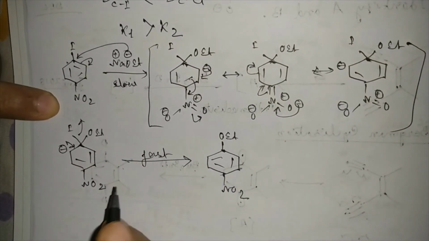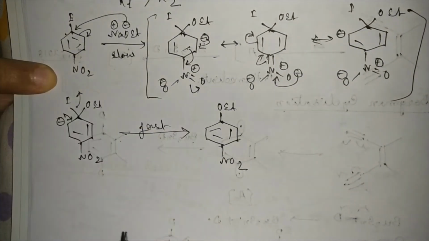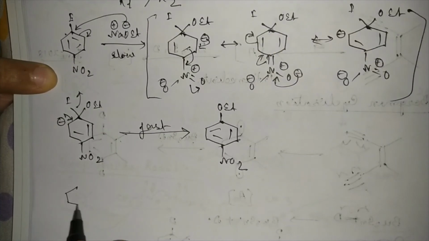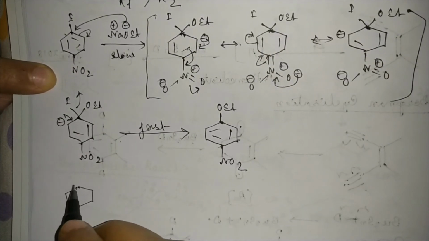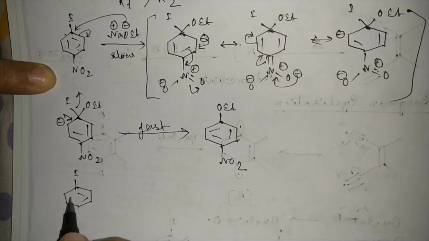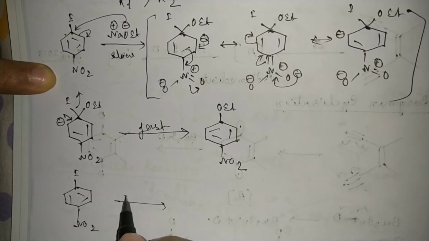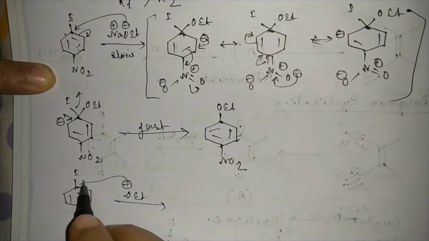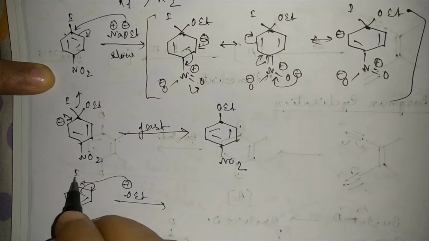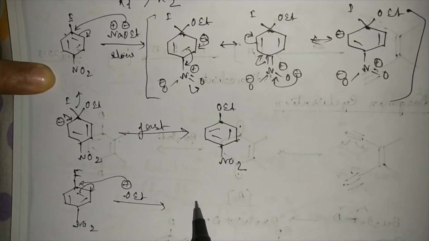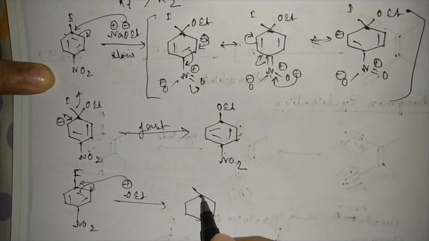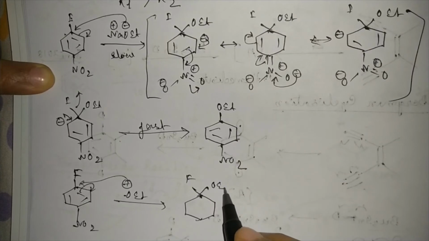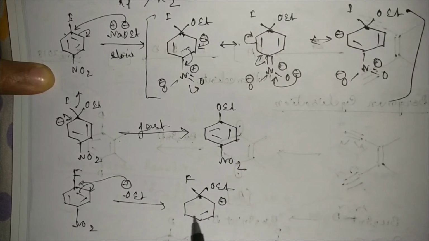Now for the other substrate where there is a fluorine in the place of iodine, it will attack and this type of complex will be formed.